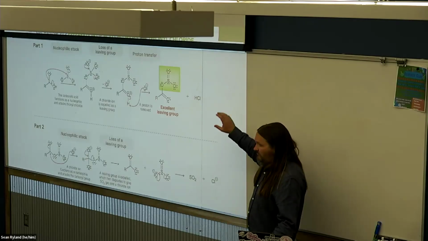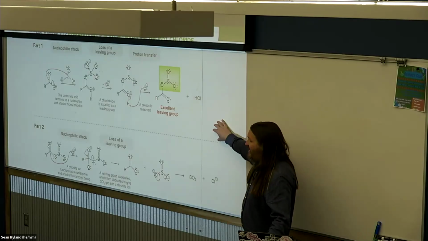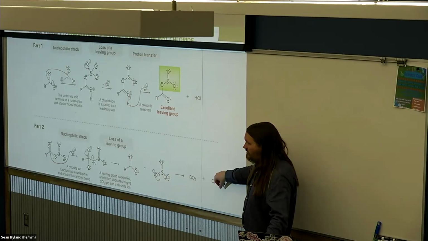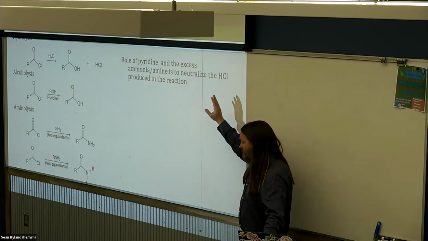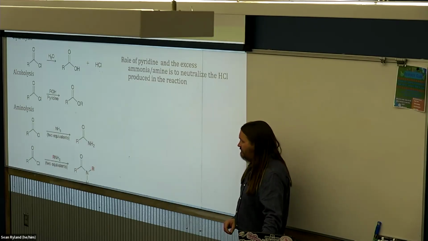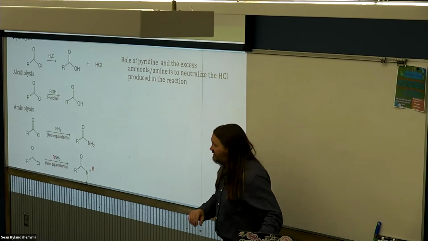So just to reiterate, this is the way we make the acid chloride. And once we make it, we can use it to make all of the other acid derivatives. And that's what this slide is.